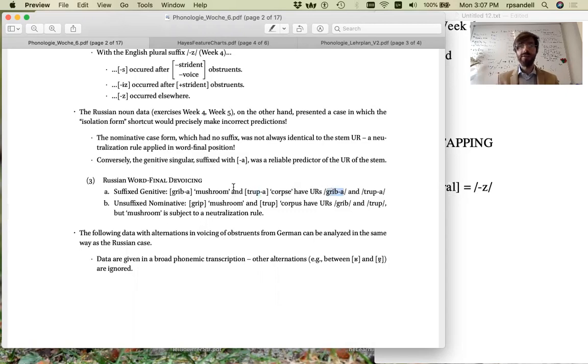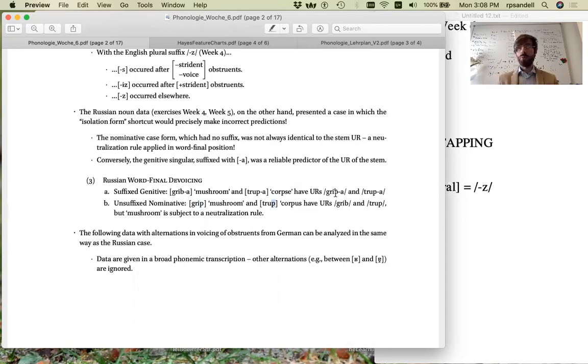Since these are occurring in similar environments, we can set up different underlying representations for those stops. But in the nominative, without any suffix, we find the same stop, a voiceless pa at the end.